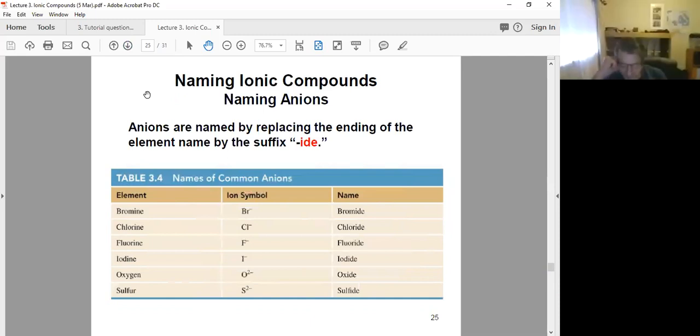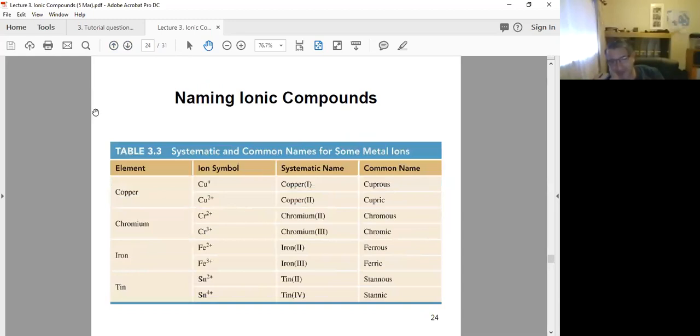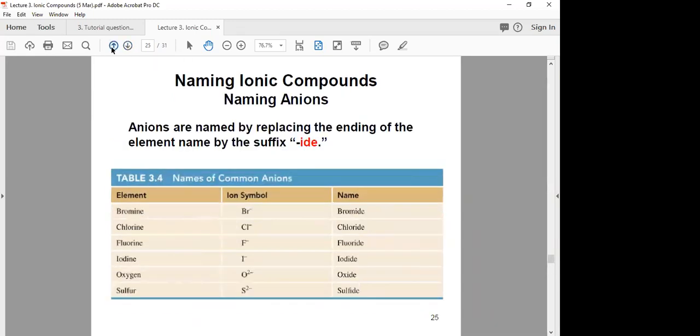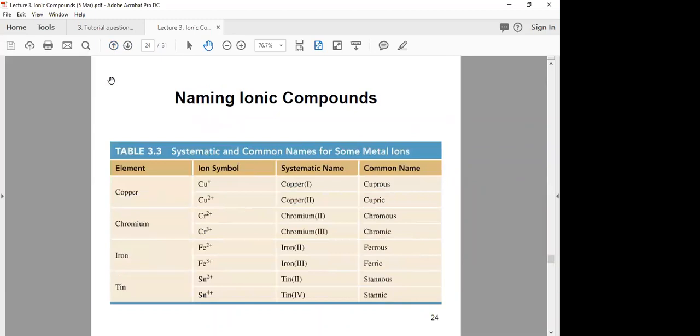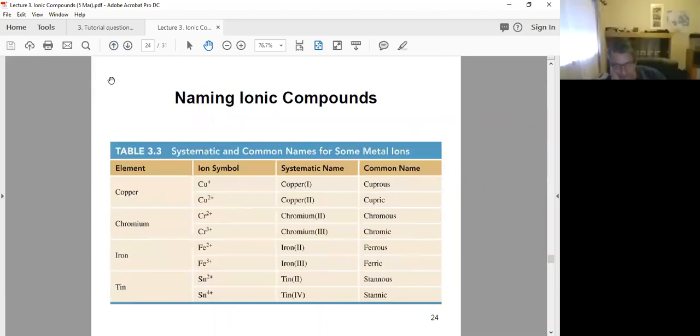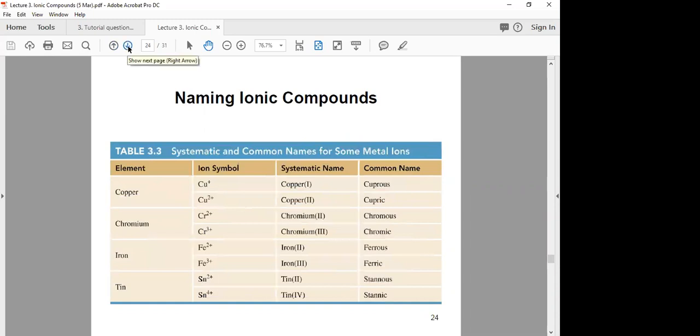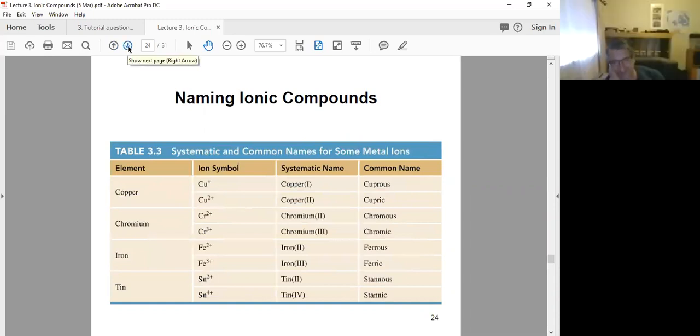I guess it's probably not that important, but I've just had a look. Lead's got 2+ and 4+, but I've never actually heard of lead being termed in that way. In which way? With the charges? You know, like cuprous. Like I've never heard plumbous or plumbic.